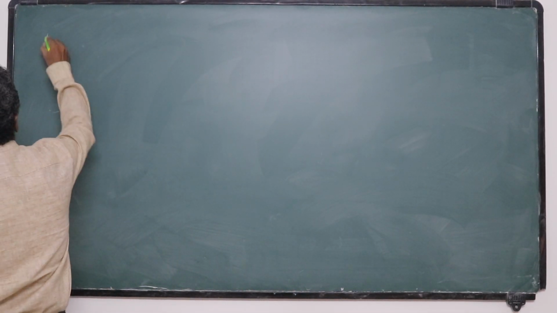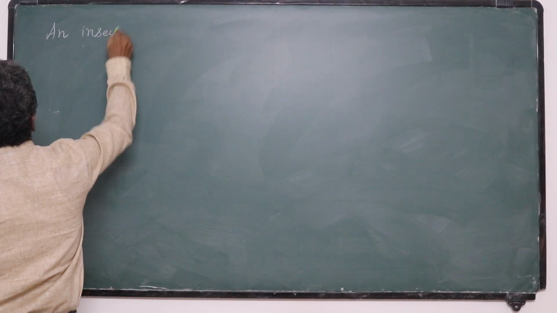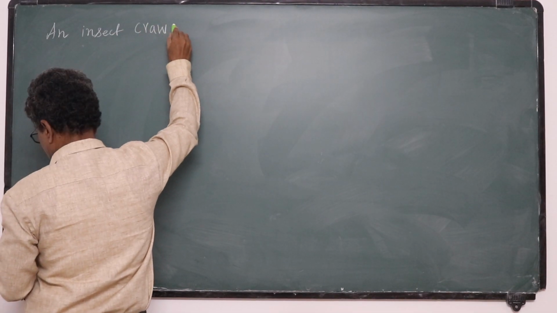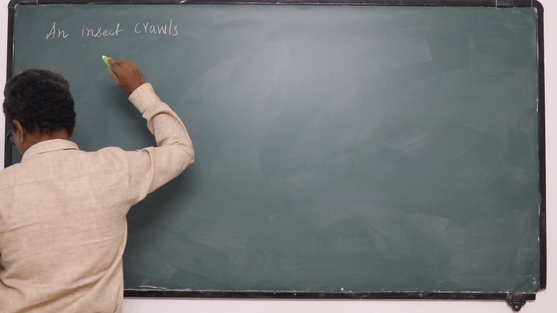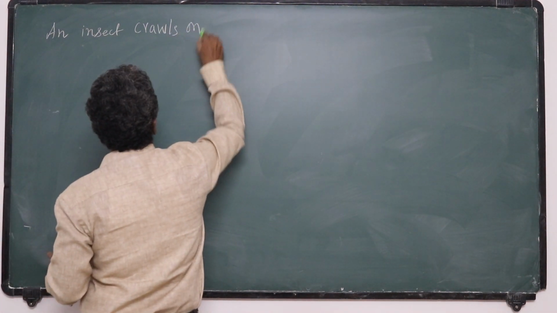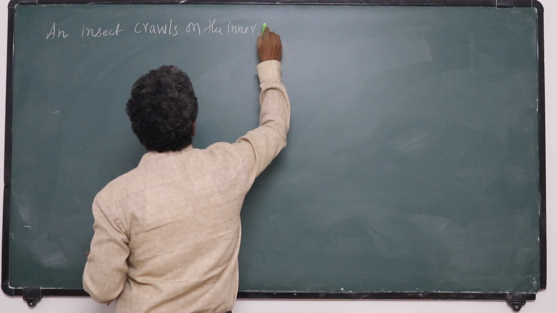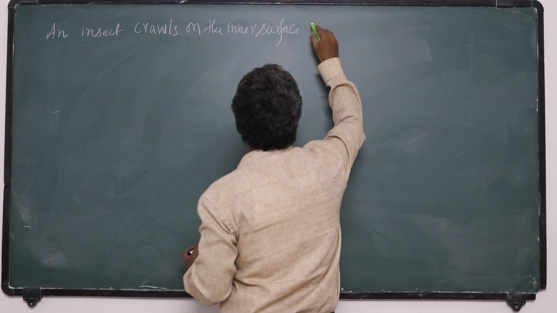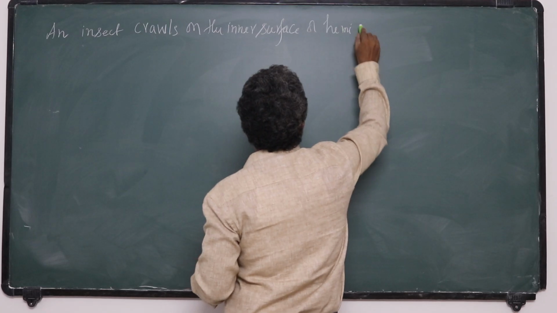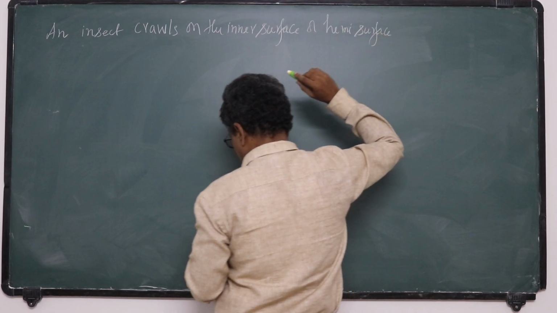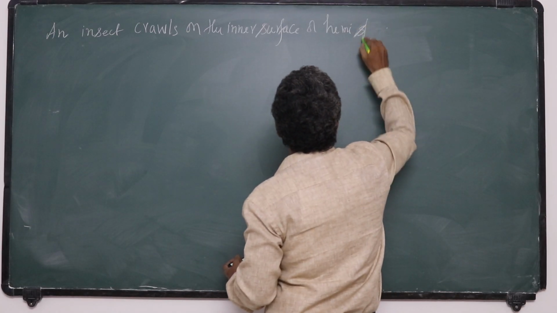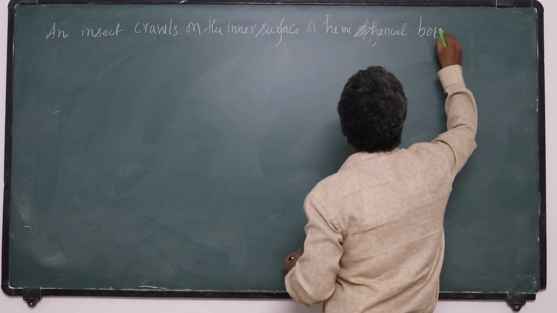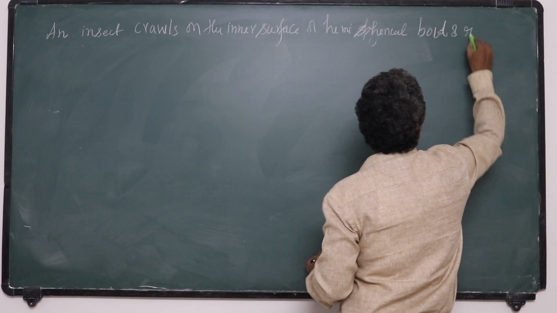An insect crawls on the inner surface of a hemispherical bowl of radius r.